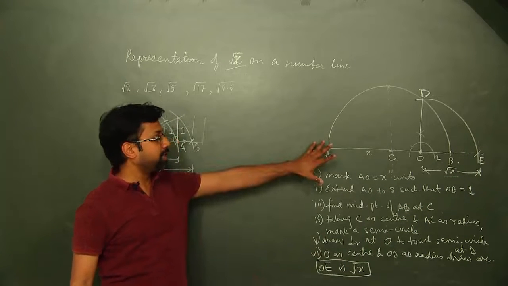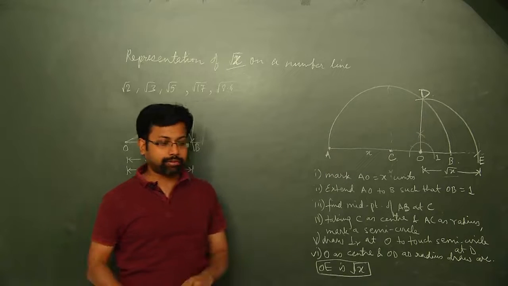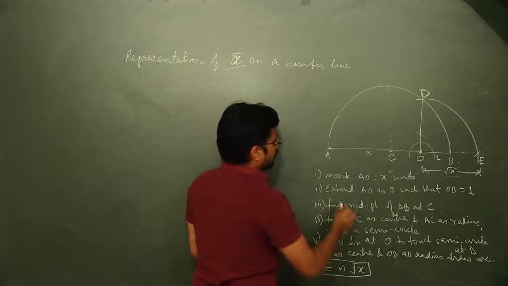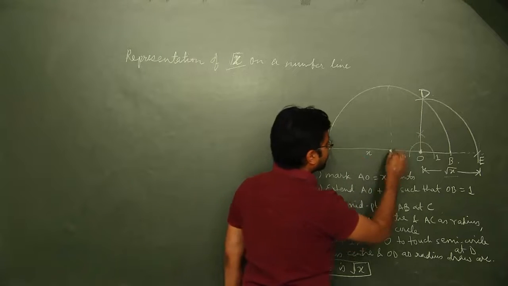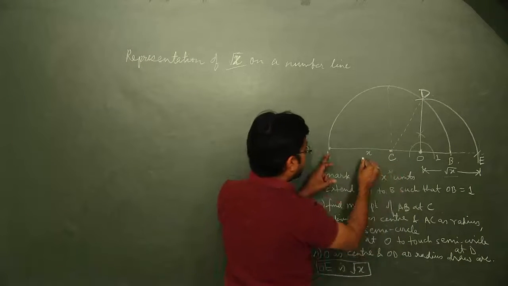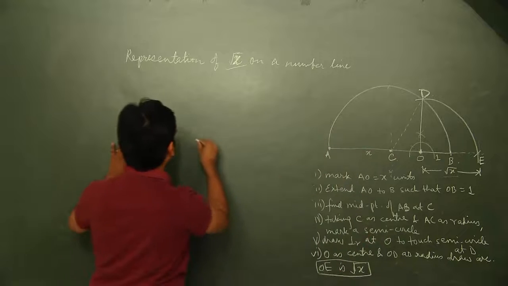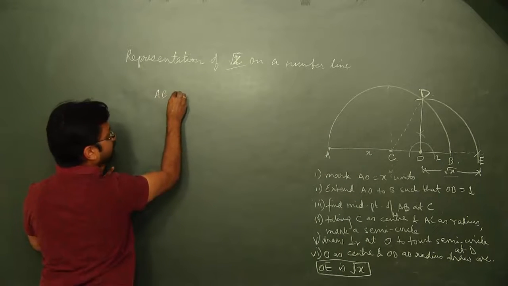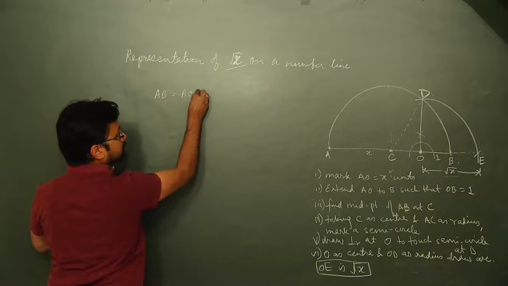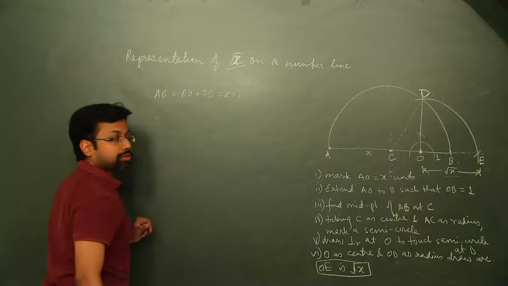Now we will be getting into how we could figure out that this is root x. Now look here, what do we have here? We have AB is equal to how much? AB is equal to AO plus OB is equal to x plus 1 centimeters, right?